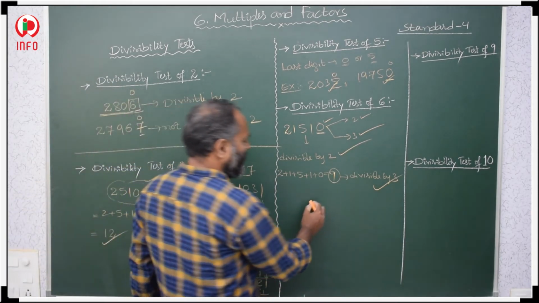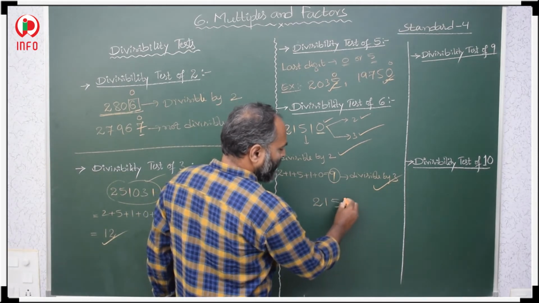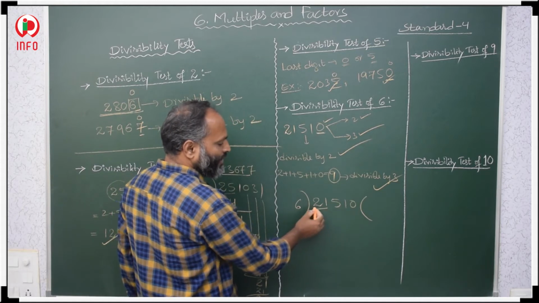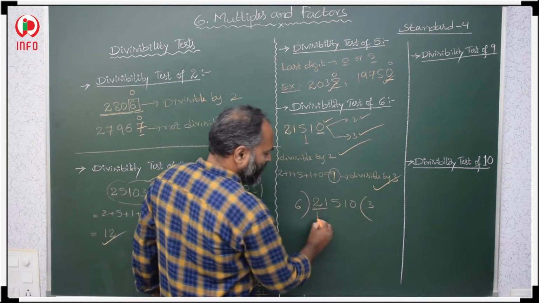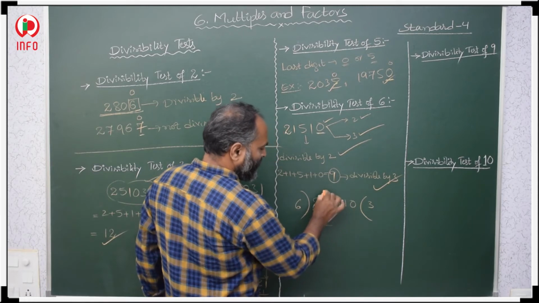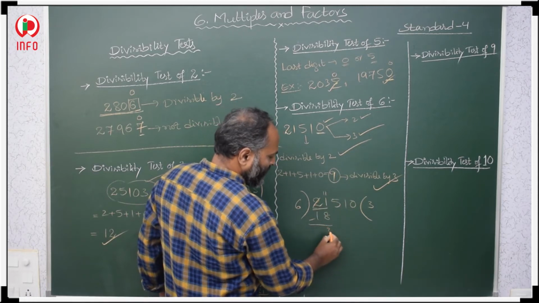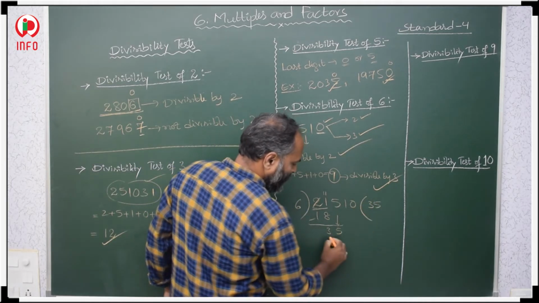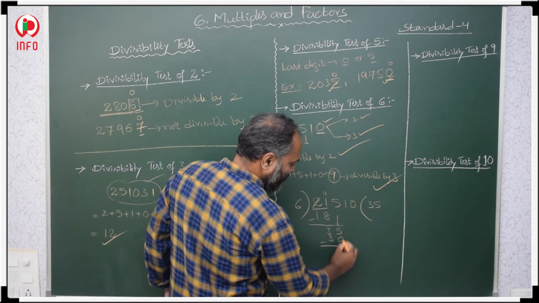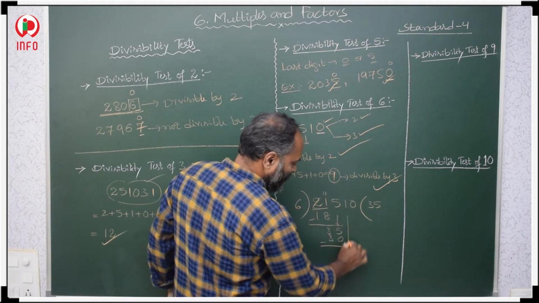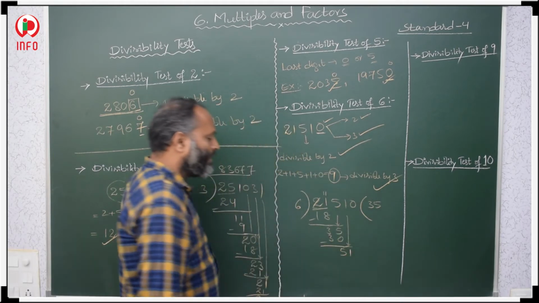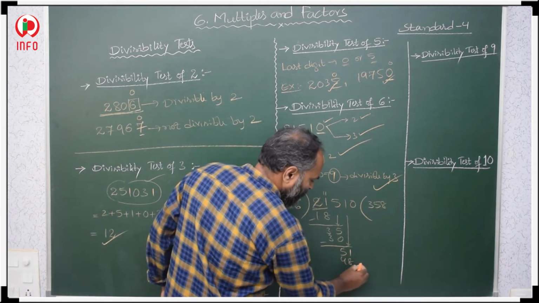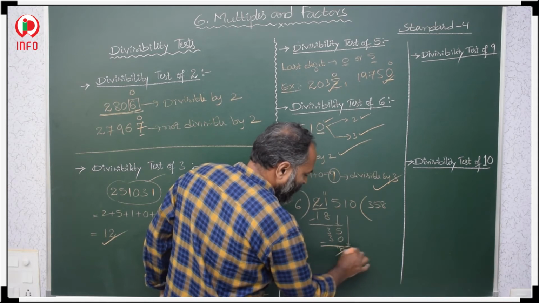Once you check 21510 divided by 6. First you take 21, 6 threes are 18, then 21 minus 18 is 3, then bring down 1, making 31. Then 6 fives are 30, 31 minus 30 is 1, then bring down 5, making 15. 6 twos are 12, 15 minus 12 is 3.